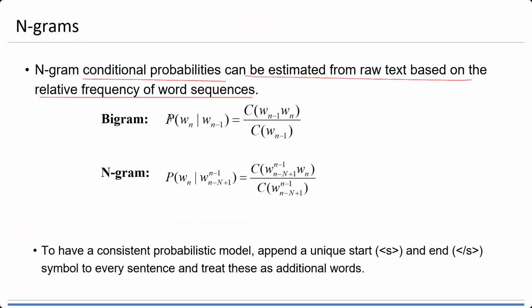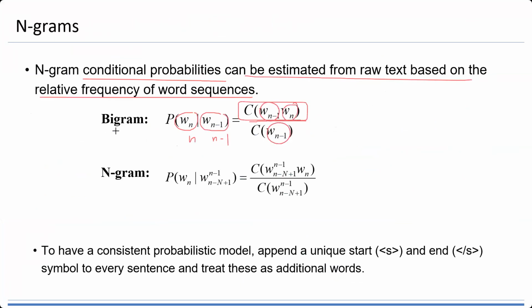So I want to know the probability of the word at position n given the word at position n minus 1. So we have the count of the word at position n minus 1 and position n, divided by the count of the word at position n minus 1.